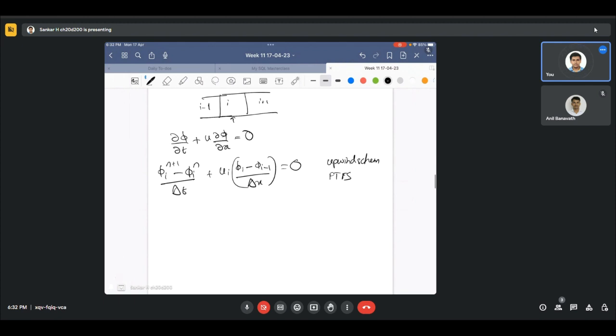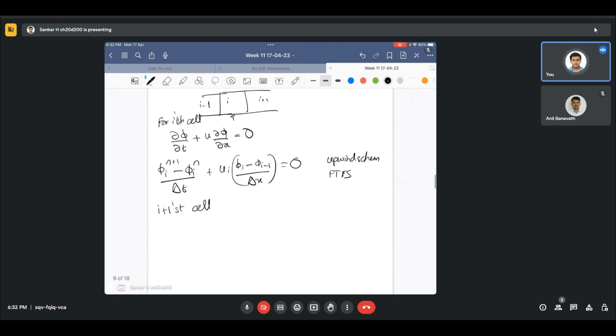Now this is for the ith cell. If I do the same for the (i+1)th cell, how would this discretized equation be?